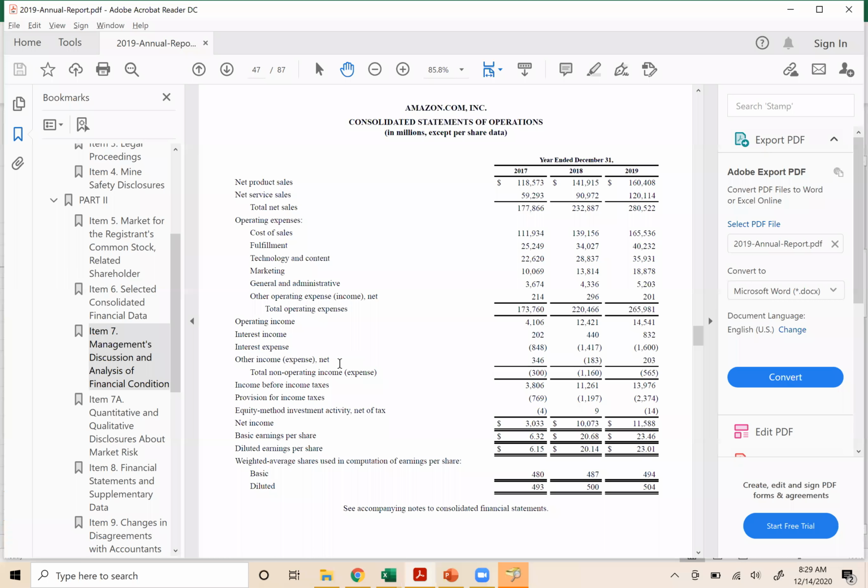Other income is often a line item called equity in earnings of unconsolidated affiliates. That's a big phrase, which means if this company owns pieces of other companies and those other companies report income, those companies owe this company income. Running out of time. I want to start to make these sessions longer, guys.